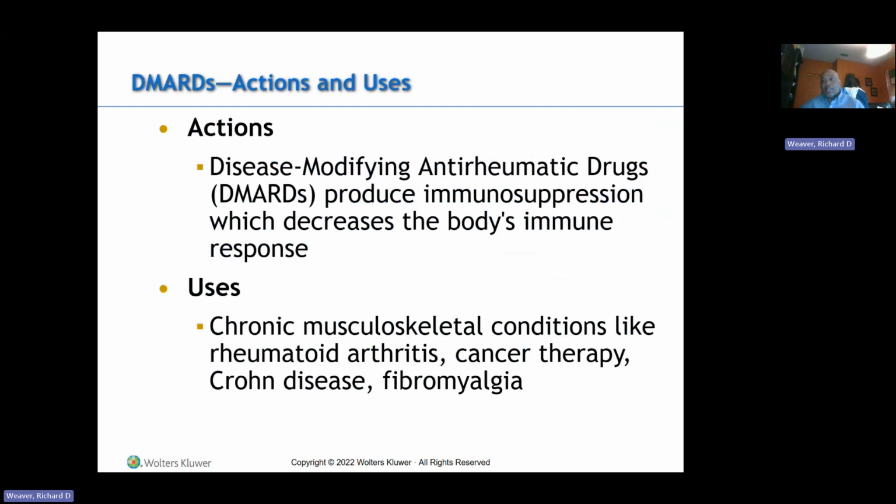This protein essentially stimulates the immune system to fight. And ordinarily, this is a good thing. Ordinarily. The problem is in rheumatoid arthritis, it being an autoimmune disorder, the body is attacking itself.